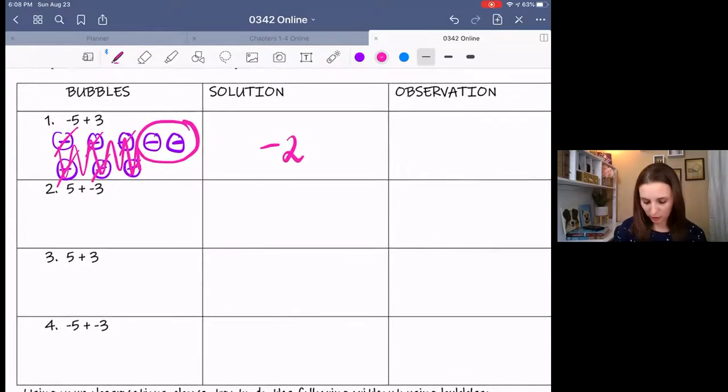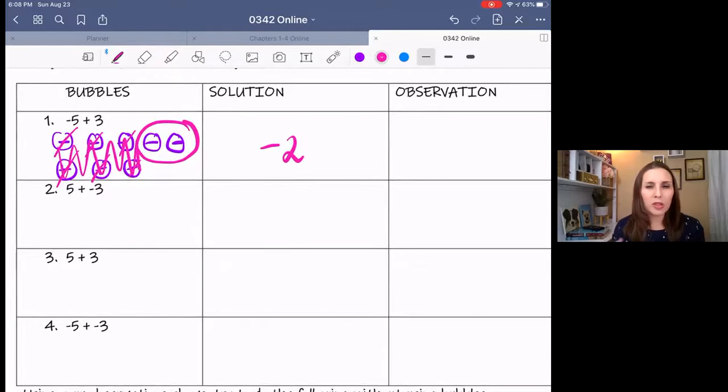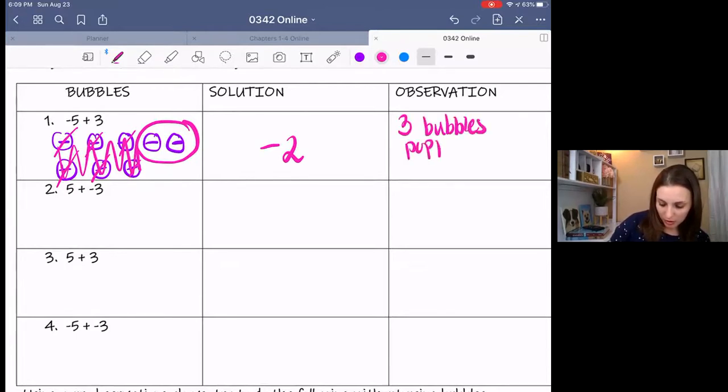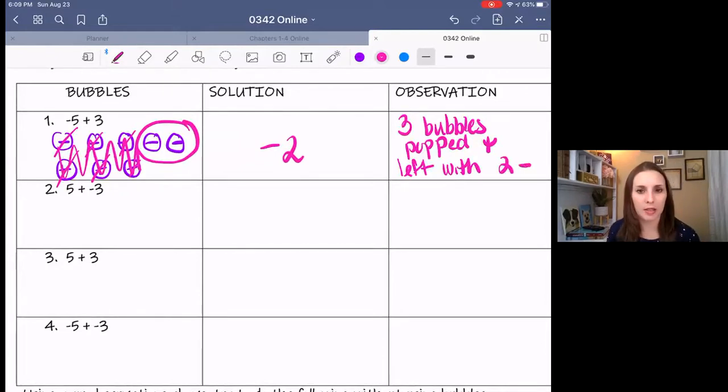So over on the far right, what is your observation? What do you see happening? Maybe pause and write this in your own words. You could say this several different ways. You could say 3 of the bubbles popped and left with 2 negative. You could say something like that. It doesn't have to be exact.